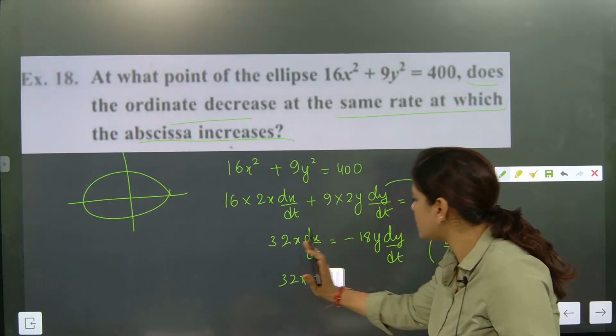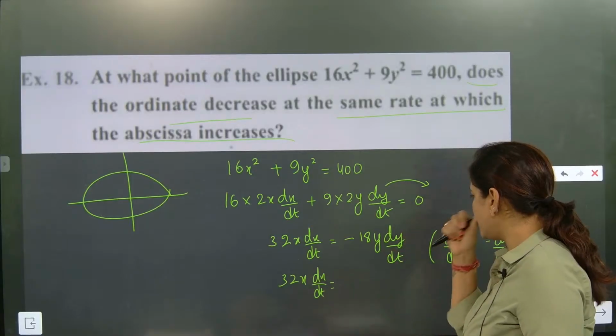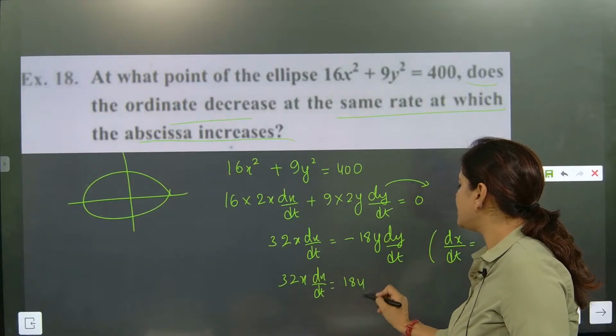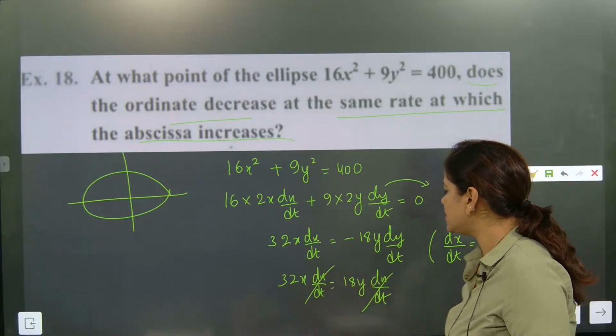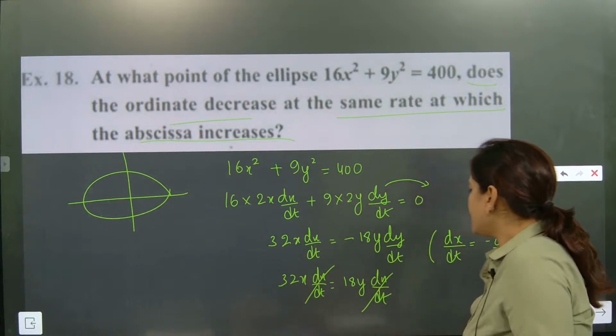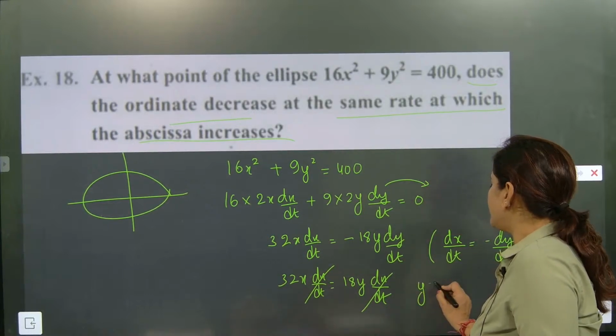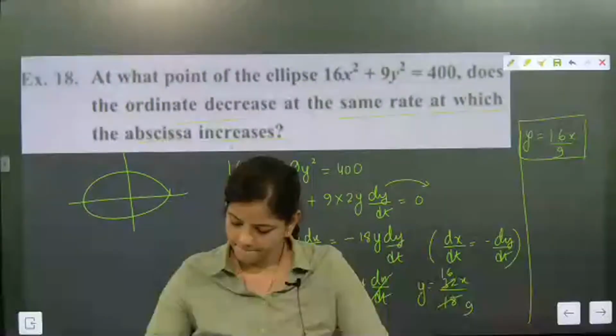One time first I am going to cancel it out. Minus into minus becomes plus, and it becomes 18y dx by dt. Because they both are equal and opposite, they cancel out. So y will come in terms of x: y equals 32x by 18.